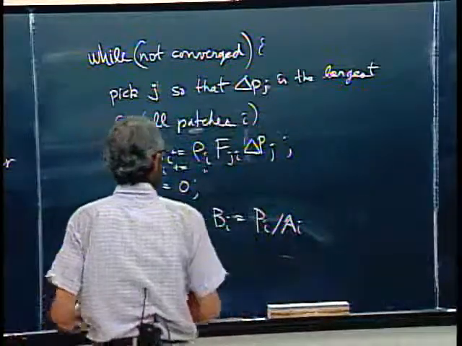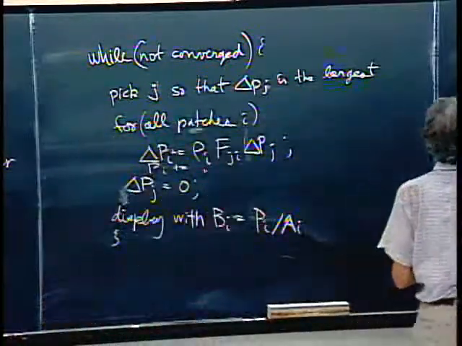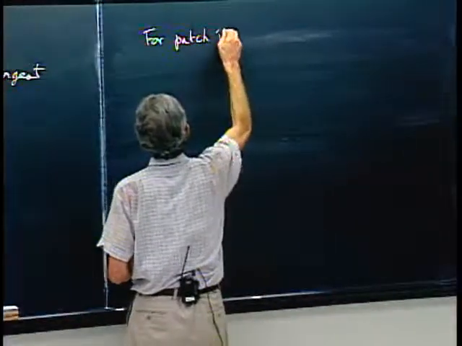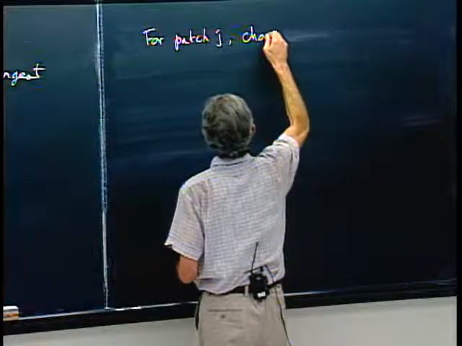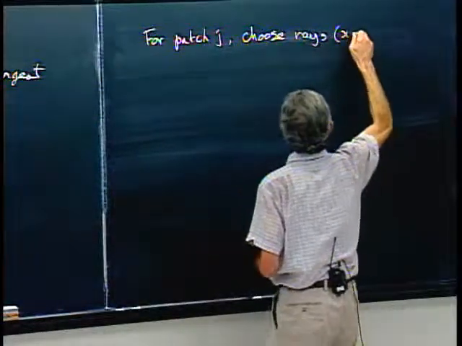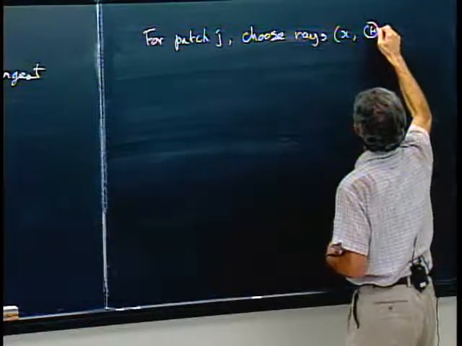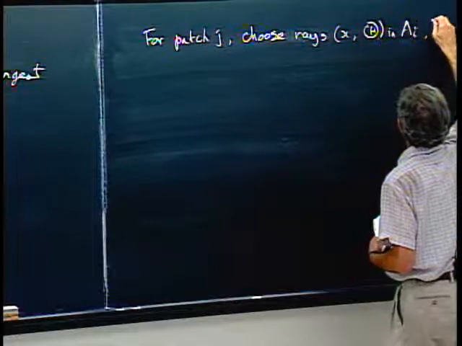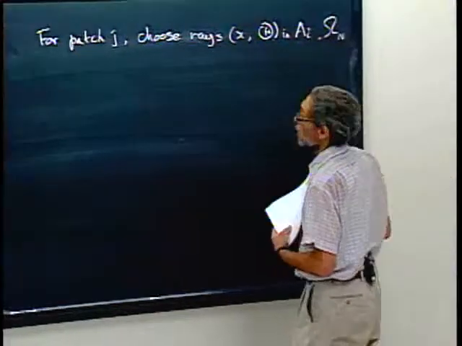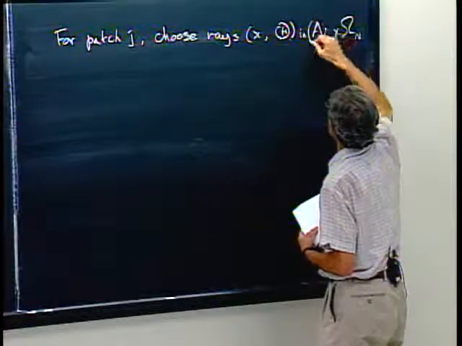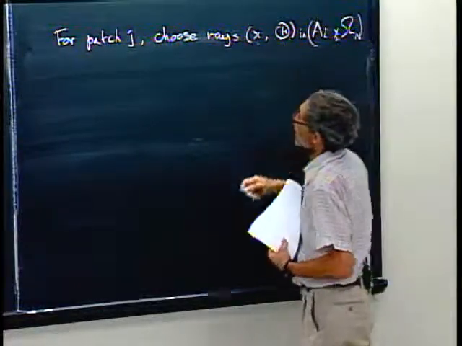So that means we can, for patch J, choose rays, say x and theta in A_I times omega above the normal of the surface. I guess this is where they are.